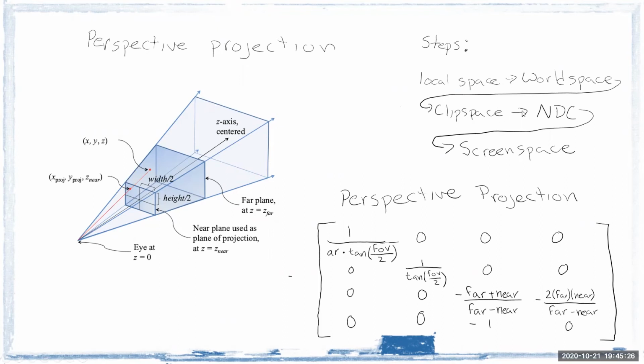Once we've got clip space, we then transition into normalized device coordinates. If you think about this view frustum being everything that we can see in the scene, we squish it down into a 1 by 1 by 1 cube.